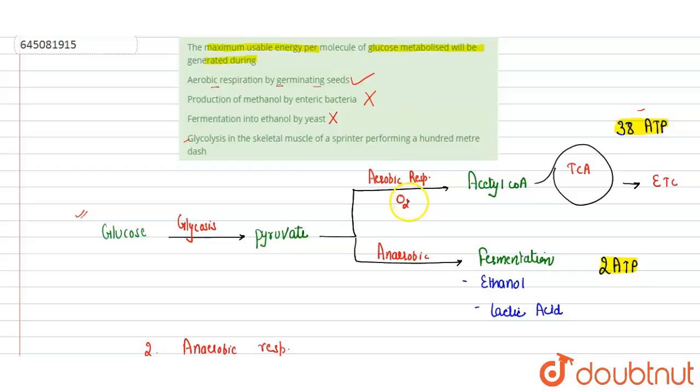Due to this, oxygen is continuously taken up, and then oxygen gets depleted. In that case, skeletal muscle undergoes anaerobic respiration. Anaerobic respiration means lactic acid accumulation occurs, which causes stiffness, tiredness and fatigue. So this is again an example of anaerobic respiration, so incorrect option. Option A is correct.